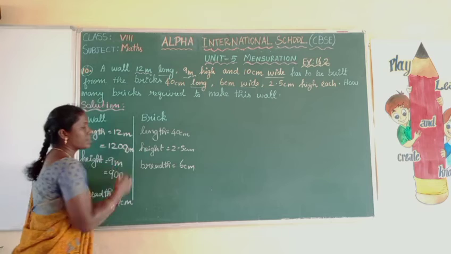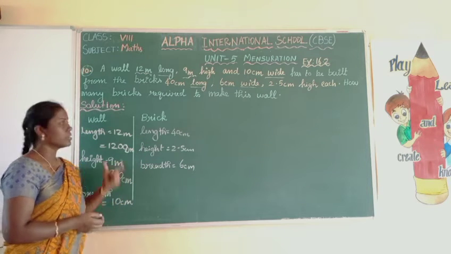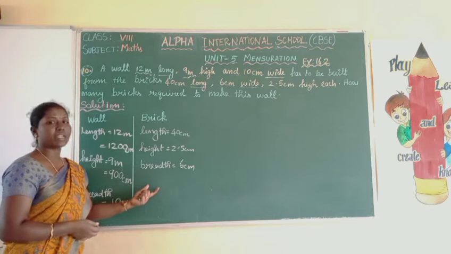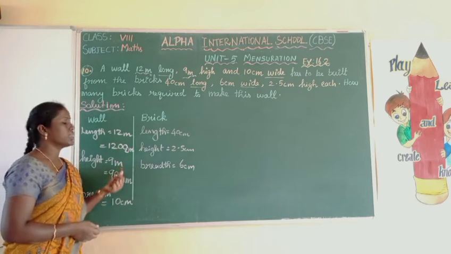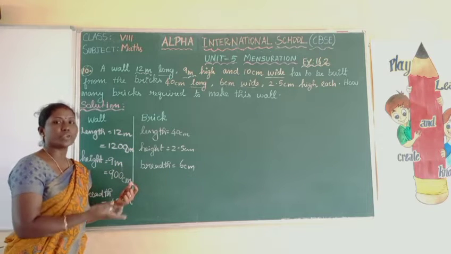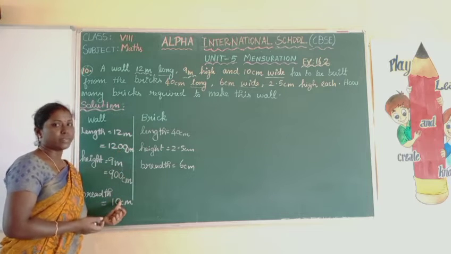If you write the measures separately like this, it will be very easy to substitute. For the wall I took the values separately, and for the brick separately. We can't substitute different units in the same formula, so we are making all the units centimeter.